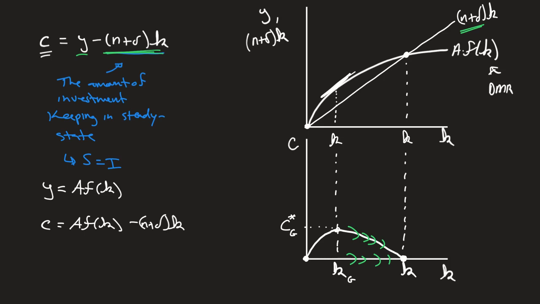Some of that has to go towards that n value, which is our population growth, so I have to give the new people capital, and I also have to replace the depreciated capital. So if I make a bunch of capital, way up here, that's going to outweigh my production and my consumption is going to start to fall. So we have this level of capital that gives us a maximum amount of consumption, which is our golden rule of consumption.